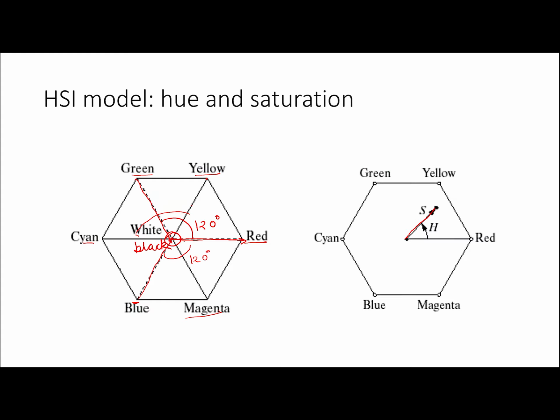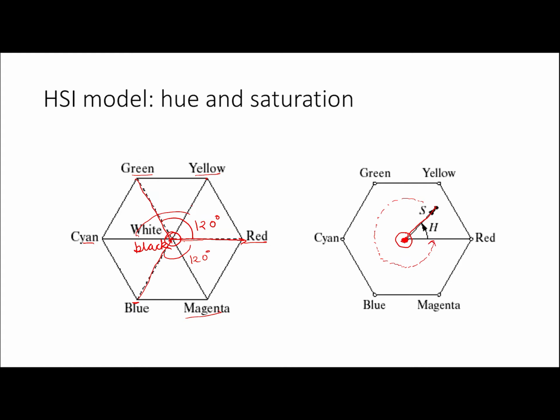And as we rotate the plane by 360 degrees around the intensity axis, this is our intensity axis, this is both black and white, this particular straight line will also be rotated around the center of the hexagon.